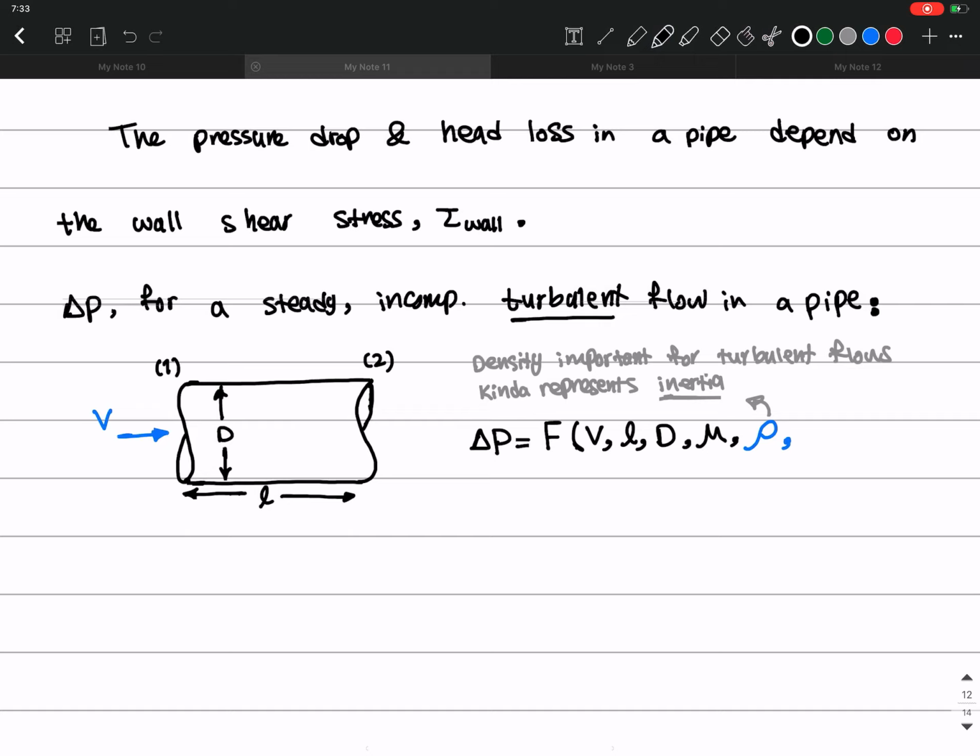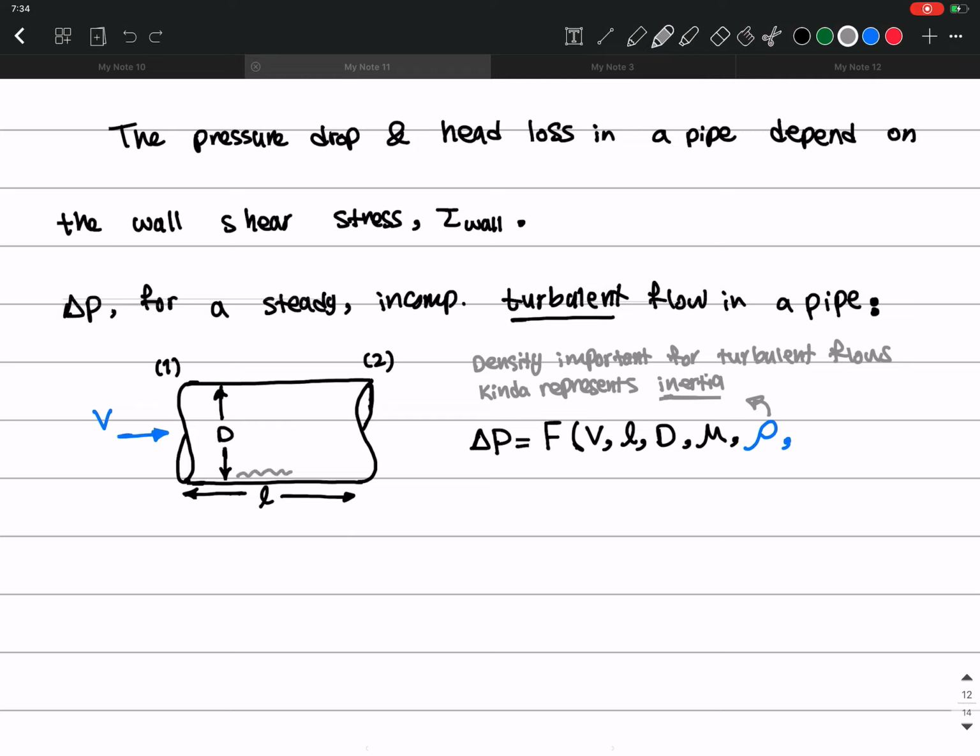The roughness becomes important in turbulent flows because it is going to determine the viscous layer depth that is formed in turbulent flows. So let me show it here. In turbulent flows, the pipe has some roughness lengths. Let me show it again.